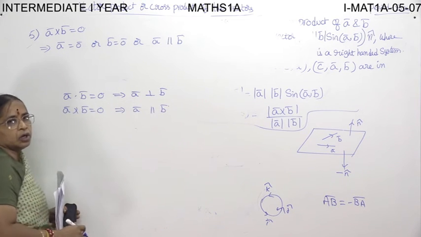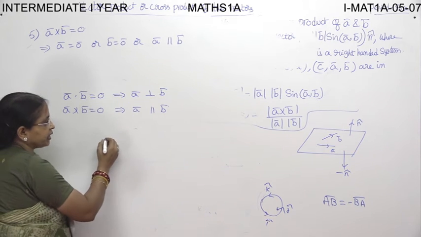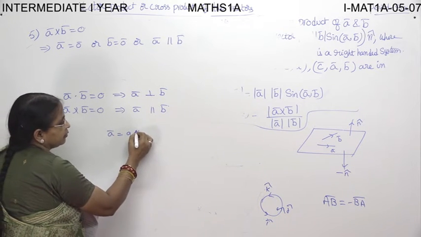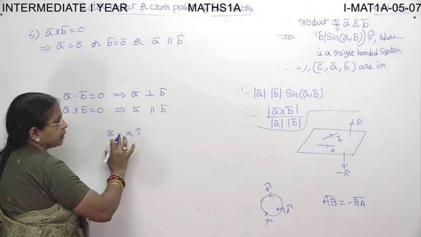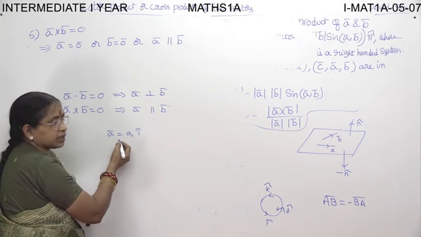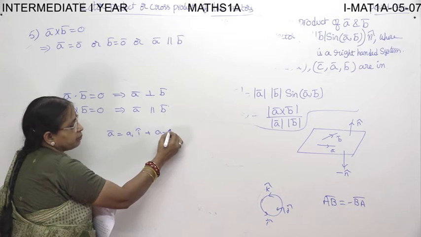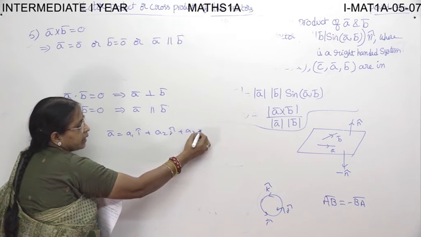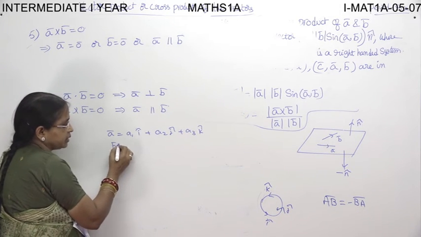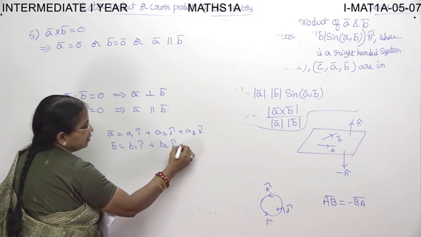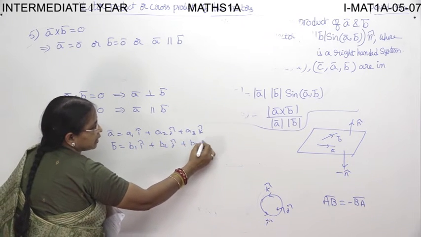Regarding the parallel or collinear thing, in addition of vectors, we also proved another property satisfied by collinear or parallel vectors. Suppose A is A1 I plus A2 J plus A3 K, and B is equal to B1 I plus B2 J plus B3 K. Suppose these are two vectors.